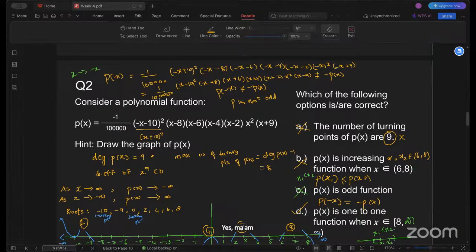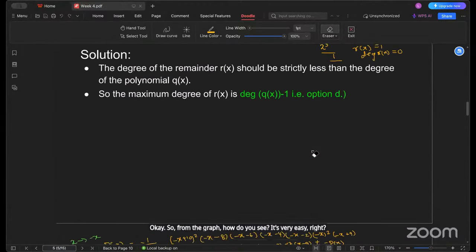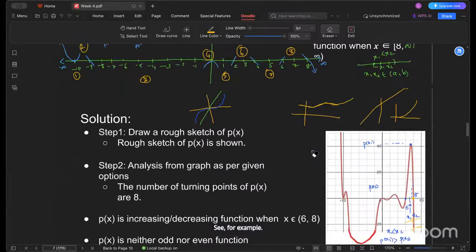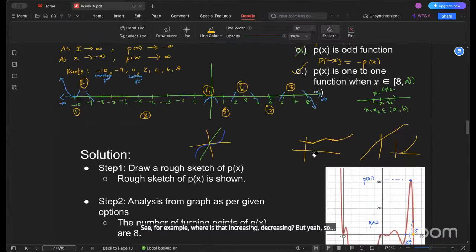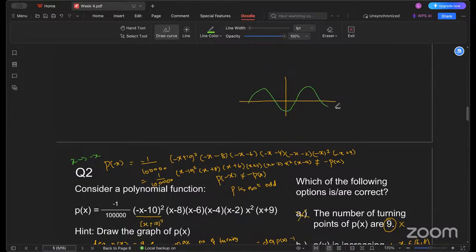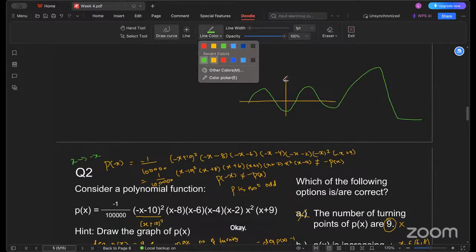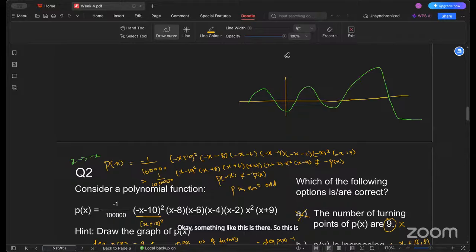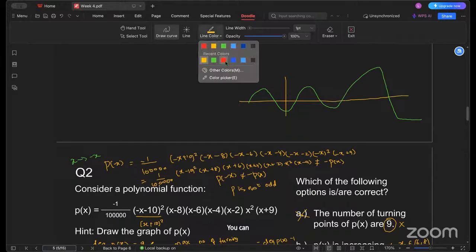So from the graph, how do you see if a function is increasing or decreasing? It's very easy, right? For example, maybe here I have some space, so I'll do it. Look at this function. Something like this, going up, down, and then like this. So this is the graph. Now let's take these points.